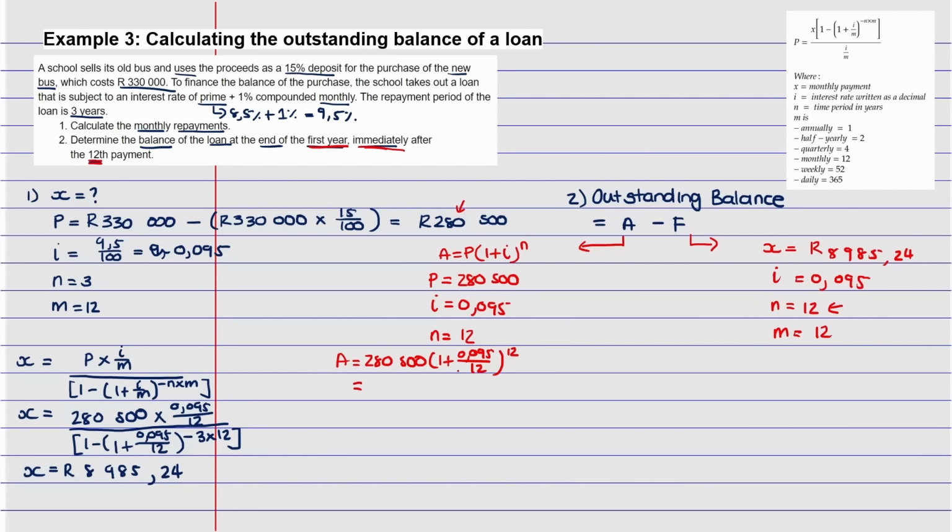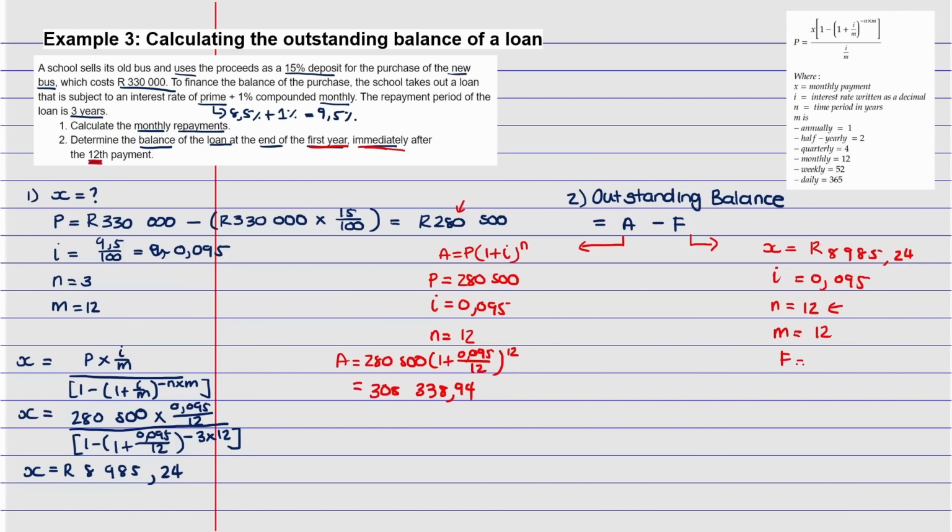So you're going to get the value there as 308,338.94.